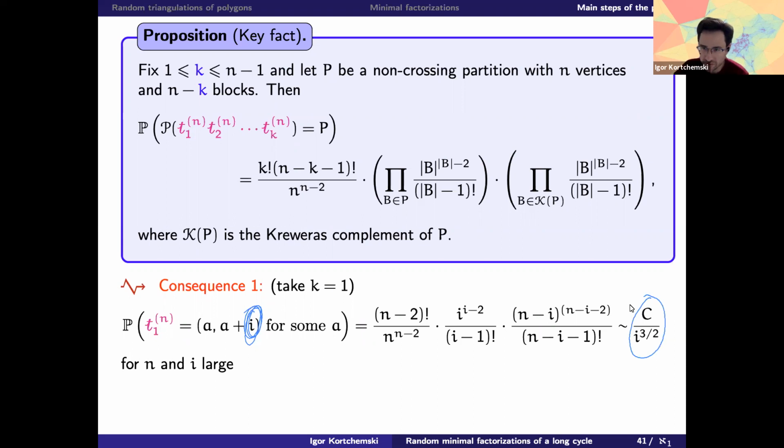So the probability that the size of the first transposition is i has a power tail behavior.